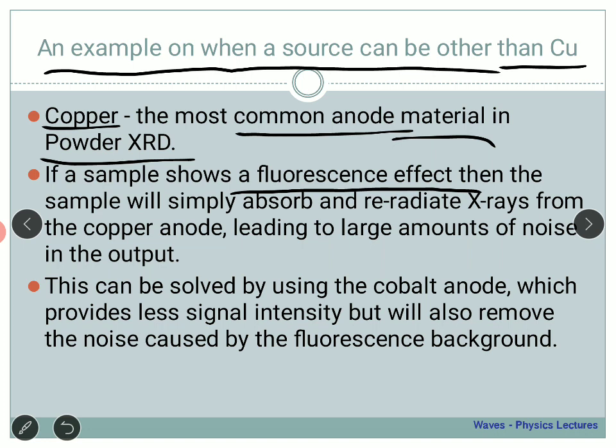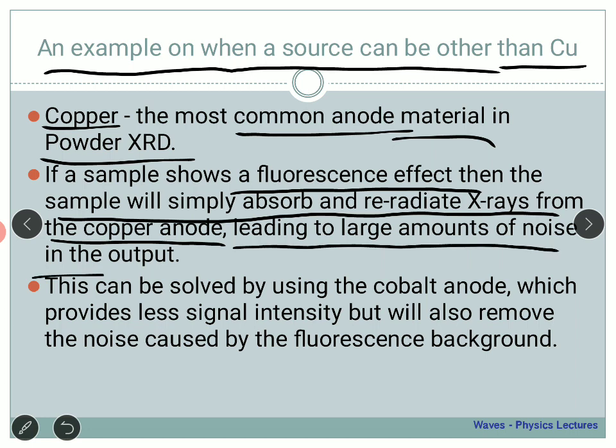The sample will simply absorb and re-radiate X-rays from the copper anode. The copper anode gives out X-rays that get absorbed and then re-radiated, and this will lead to a large amount of noise in the output.